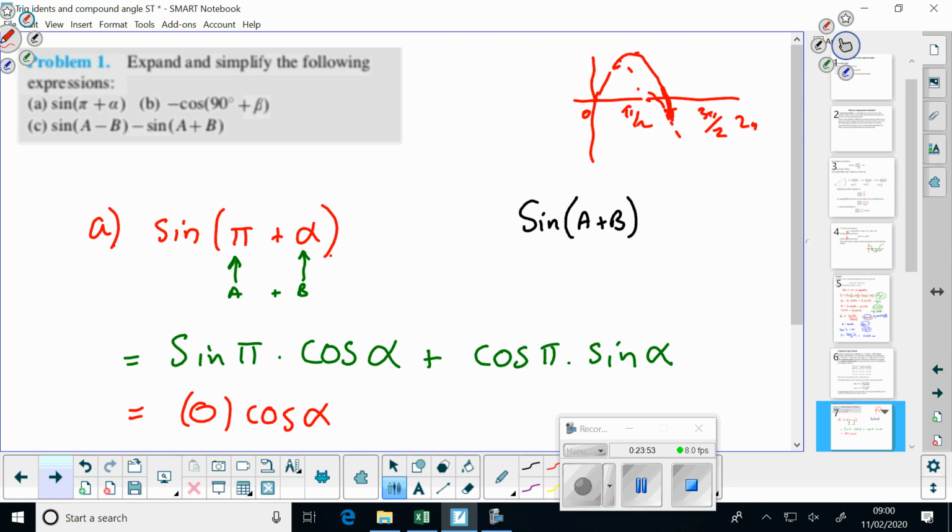What's the cosine of pi? Again, on the graph, cosine is 1 at 0, 0 at pi over 2, and at pi it is minus 1. So that's minus 1 times sine of alpha.